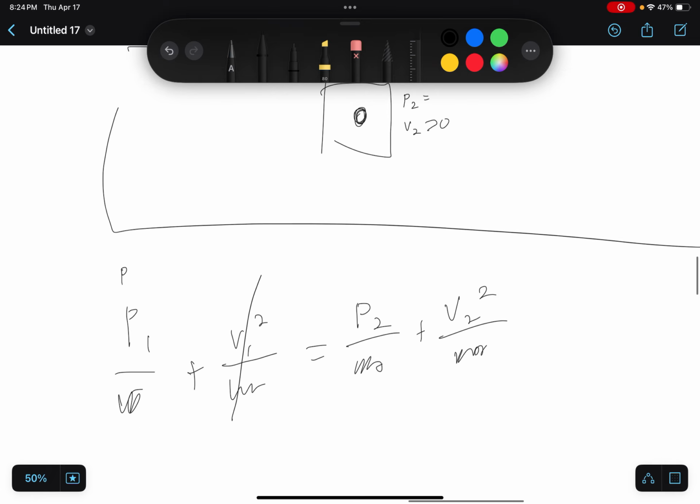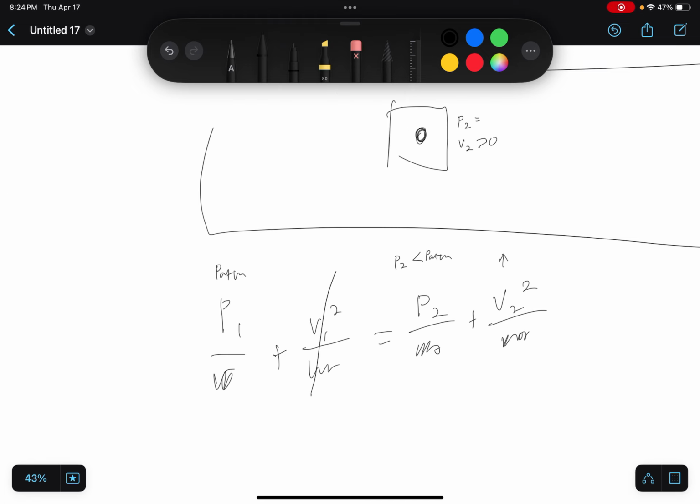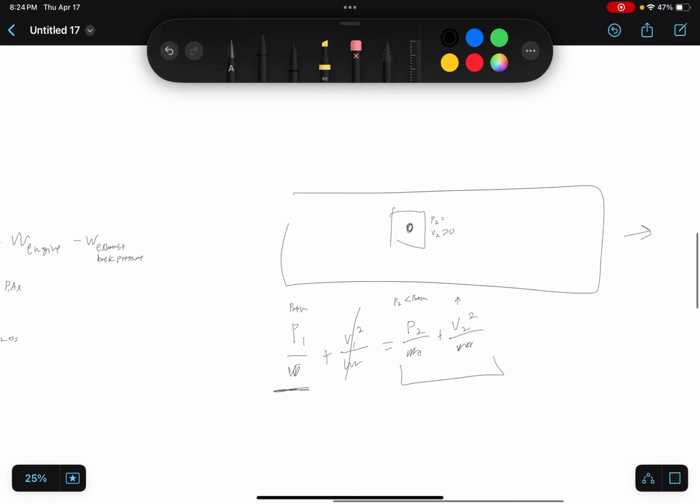So P2 is less than PATM, and velocity goes up. I don't know if I drew it out that nicely. There's probably a better way to do it. But the idea is before all of your energy was in pressure, and now all of your energy is split between pressure and velocity. So by default, that means that the pressure, P2, has to be lower than P1. Hopefully that explains it decently well.